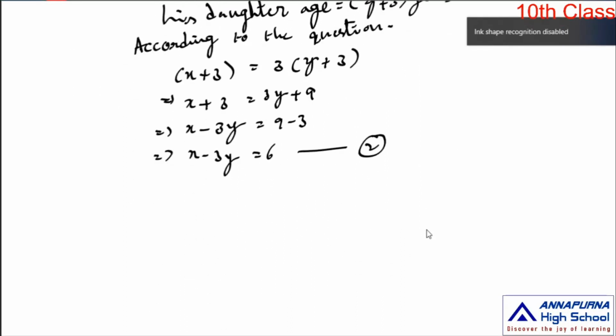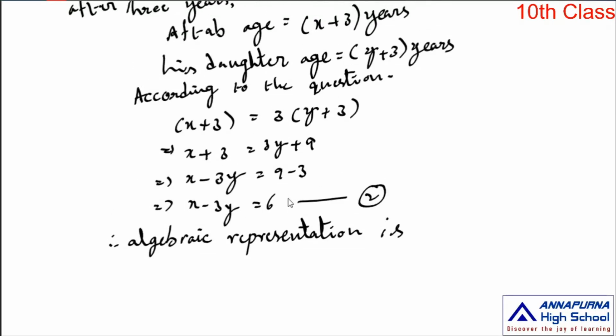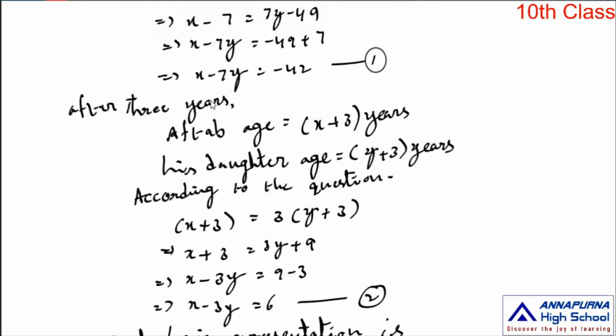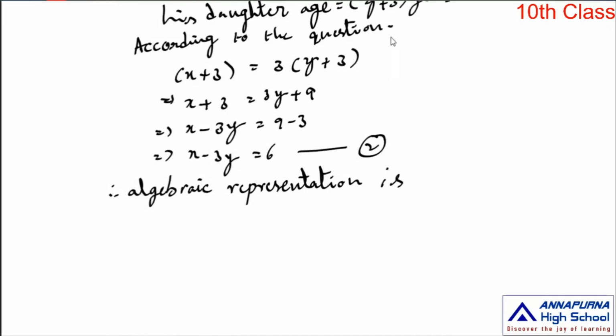So therefore, the algebraic representation is: the mathematical equation of the first condition is x minus 7y is equal to minus 42.